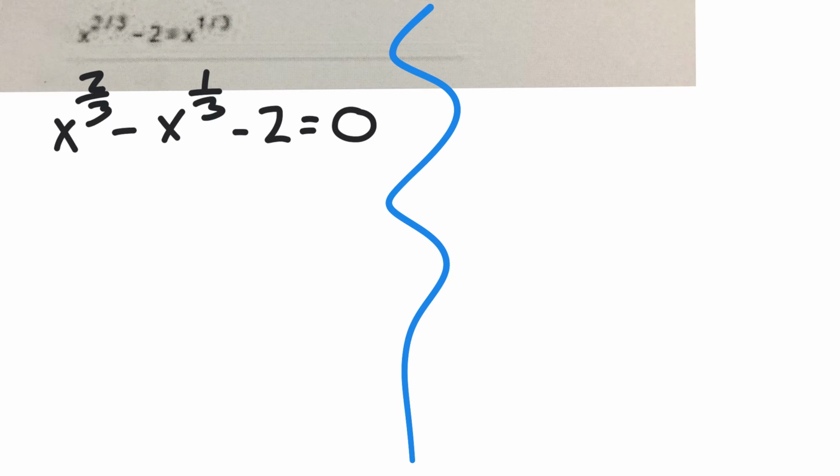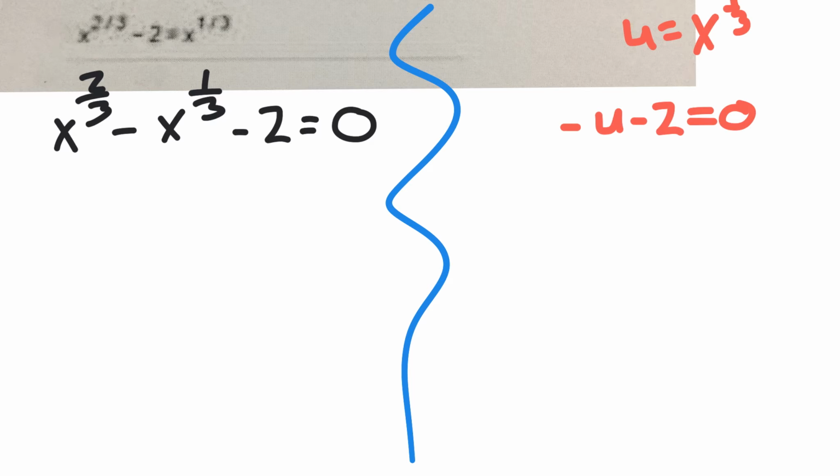So I'm going to say that u is equal to x to the 1/3 power. It's called a U-Substitution. So now everywhere they're used to say x to the 1/3, I can now say u. So instead of minus x to the 1/3, that's now going to be minus u minus 2 equals 0.